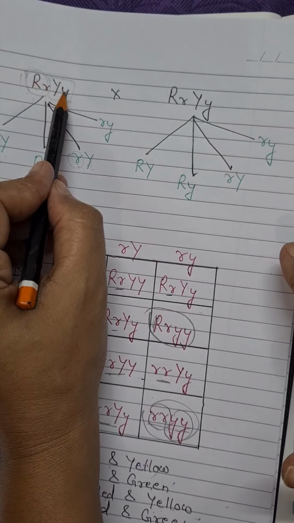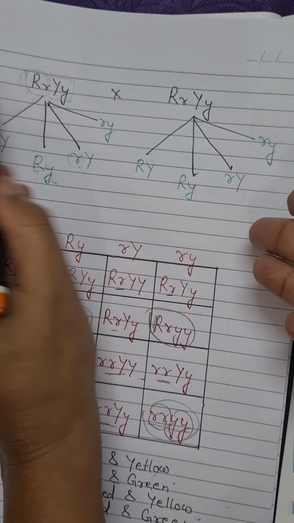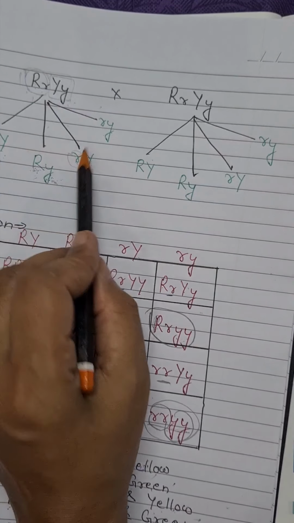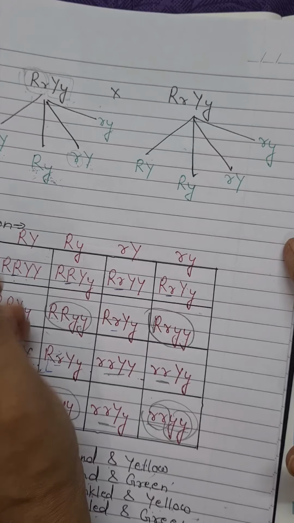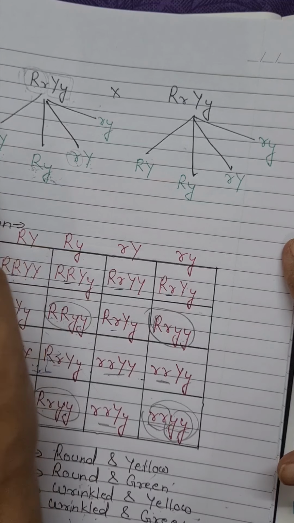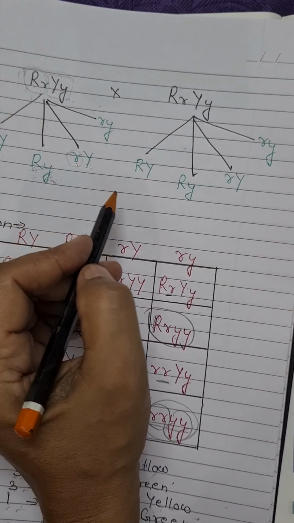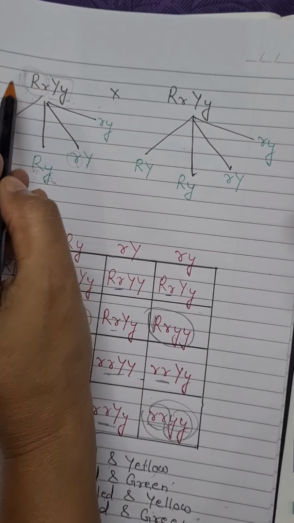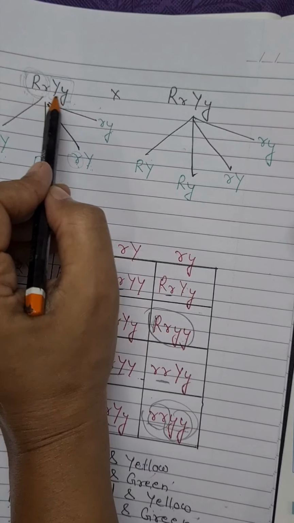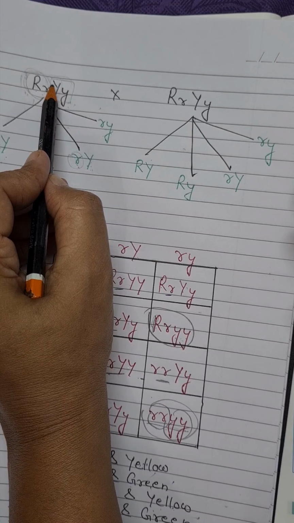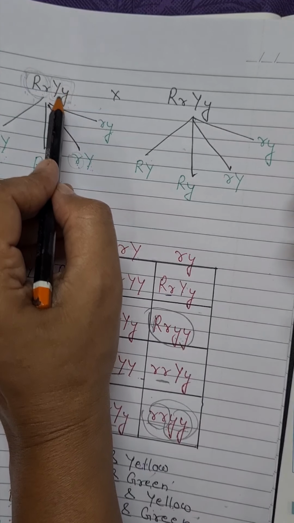Means they do not depend upon the allele of another character for their segregation. So during gamete formation, they are randomly assorted, means they can give any combination. The dominant allele of the first character may go with the dominant allele of the second, or it may go with the recessive allele of the second.